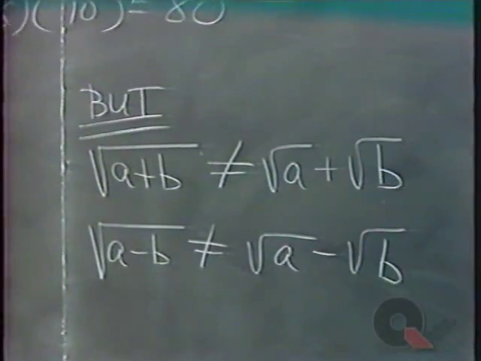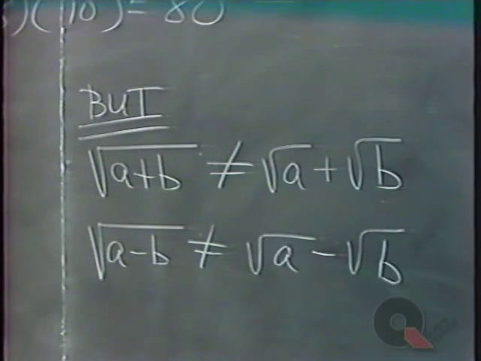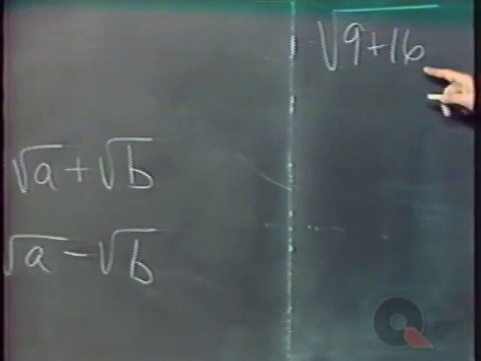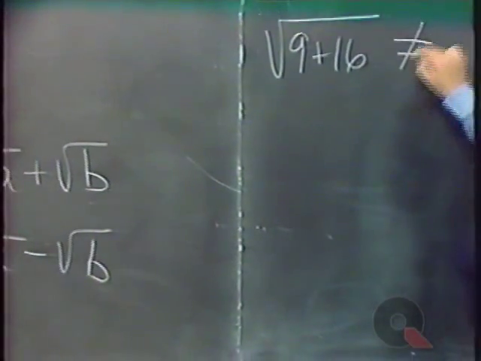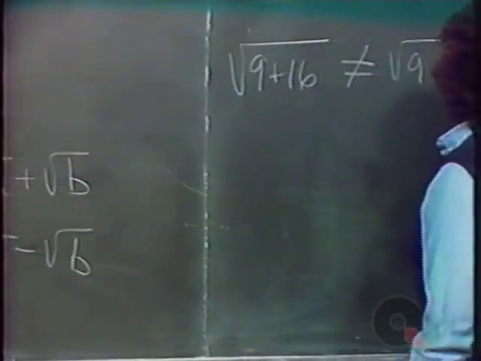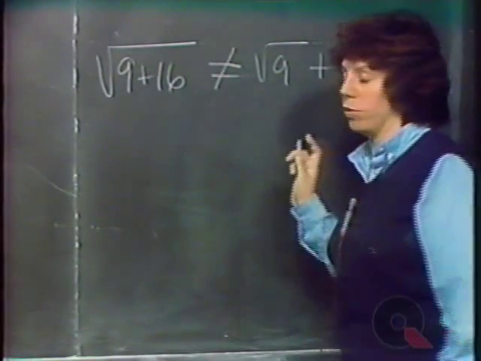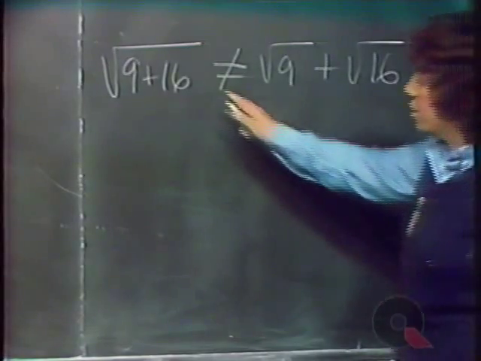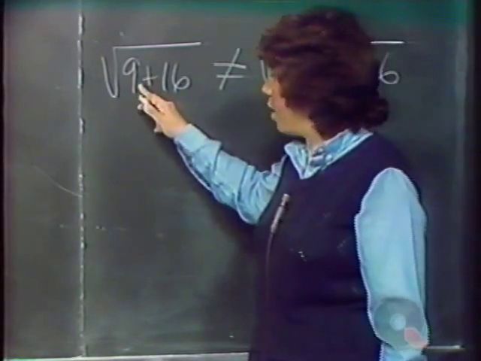For example, in a problem, if we're working out the square root of 9 plus 16, you cannot simply write this as the square root of 9 plus the square root of 16. That will be wrong. It would seem easy to do it that way, but it's not right. 16 and 9 is 25.